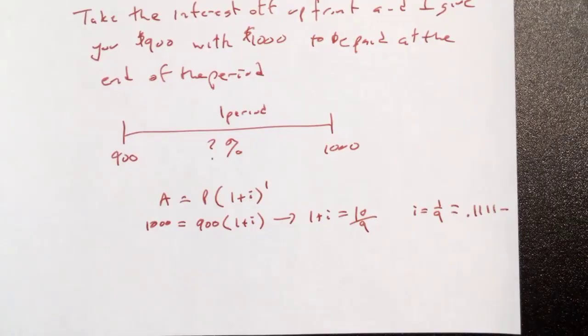So in spite of the fact that I said we were going to charge you 10%, effectively I charged you 11% by taking the interest in advance. So a lot of people were unhappy calling this the same thing as interest. So we're going to give it a different name. We call this a discount rate.